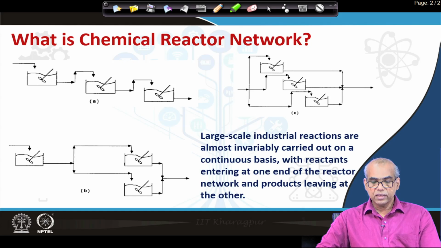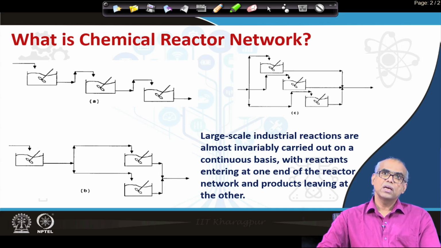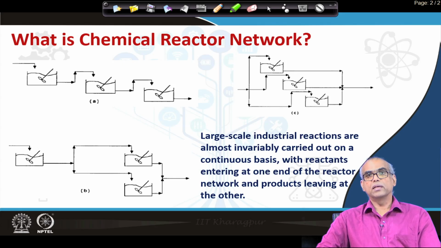Large scale industrial reactions are almost invariably carried out on a continuous basis, with reactants entering at one end of the reactor network and exiting from the other end. What you see is the various combinations of CSTRs. Which combination is optimal for your particular case?